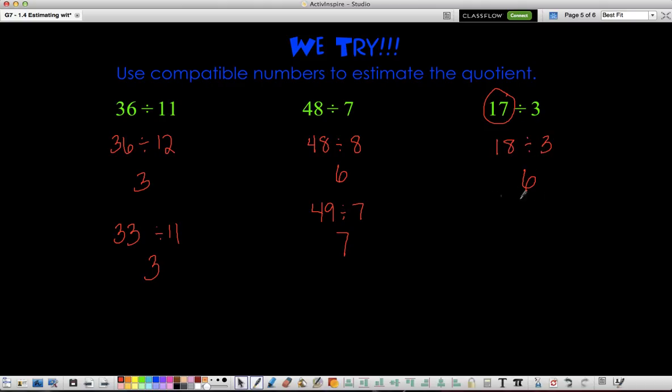So in this case, this is your only option, the 18 divided by 3. So sometimes, as long as you know that the dividend is a prime number, sometimes you only have one option. And these estimations, like I said before, tell you what your answer should be around, or what it should be close to.